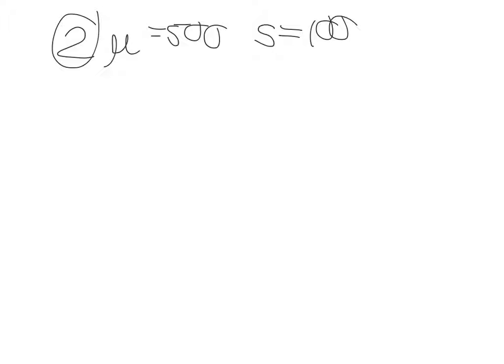I've got S. I don't have sigma. It makes me think of the T distribution. Yes? Okay, so in a particular class of 25 freshmen, so I've got small samples, I've got S, I've got a normal distribution. I want to use the T distribution to solve my problem.